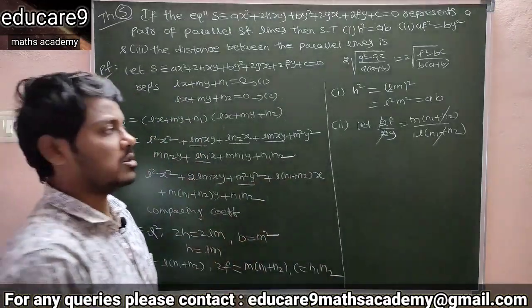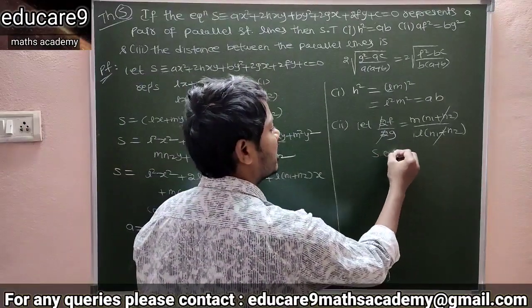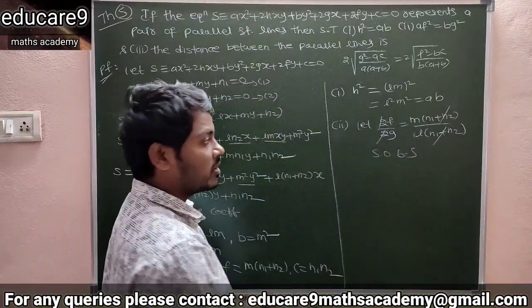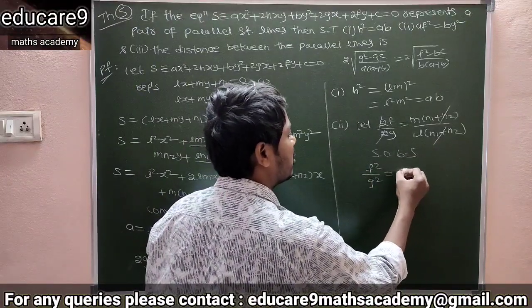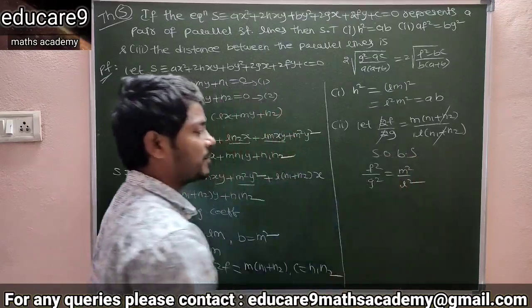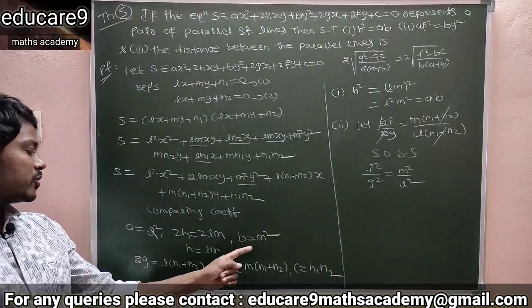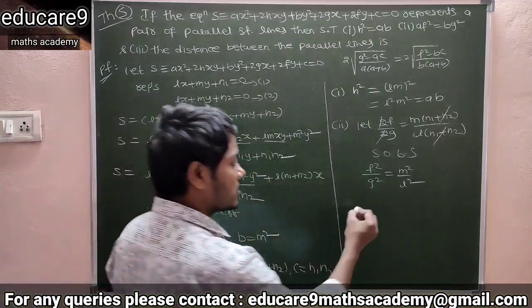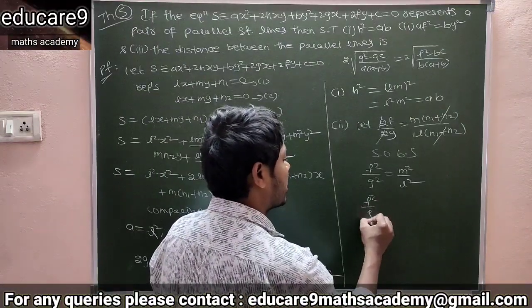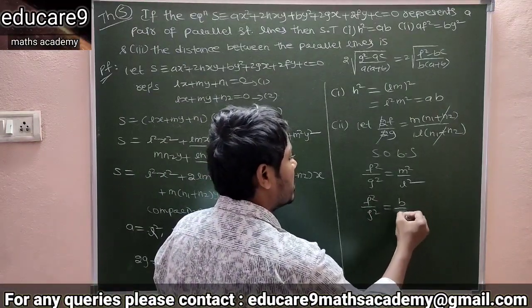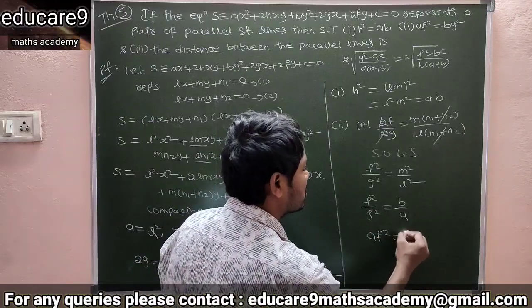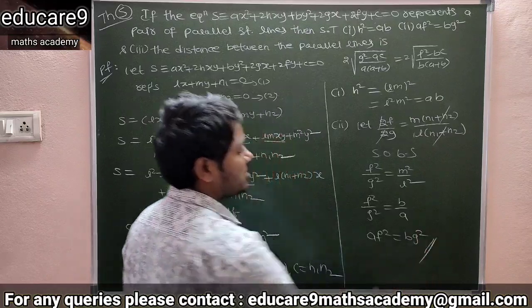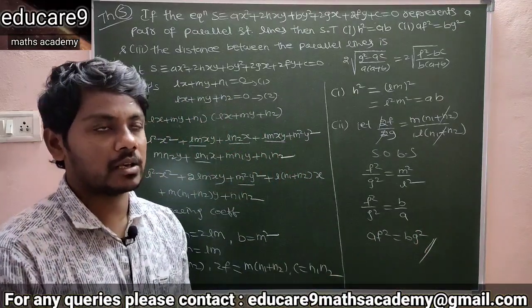Now squaring on both sides, what you get? f²/g² = m²/l². But you know the l² and m² values, a and b. So f²/g² = b/a. Now cross multiplication: af² = bg². So this is the required answer.